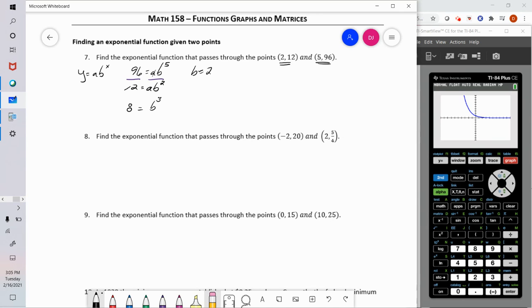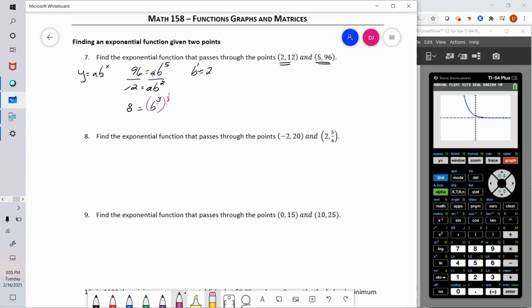Now, there are going to be problems in the future where we won't just know that the cube root of 8 is 2, or 2 to the third is 8. Here's what I think is going to be the best way to process this with the calculator. I want this to be b to the first. So I need to raise the right-hand side of this equation to the 1/3 power. So I have b to the third to the 1/3, because 3 times 1/3 will give me the 1.